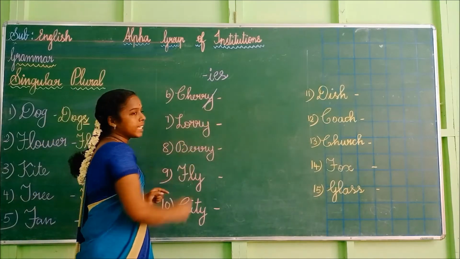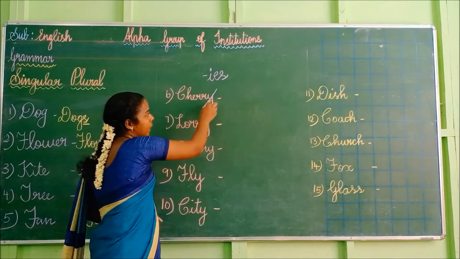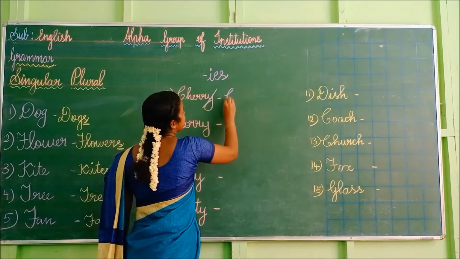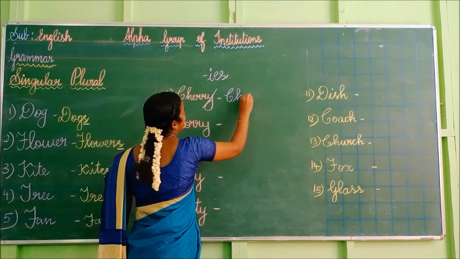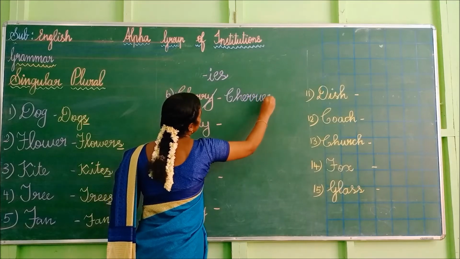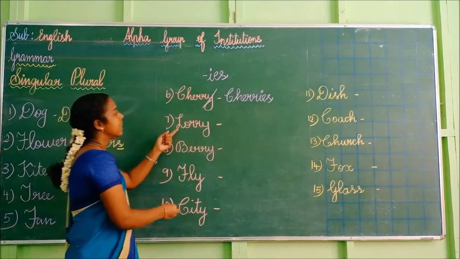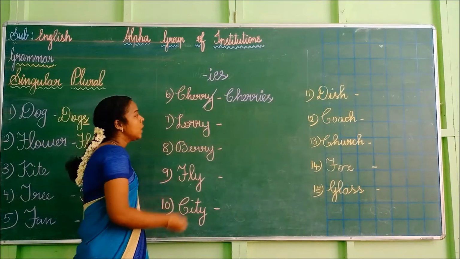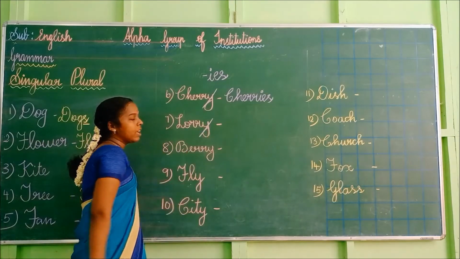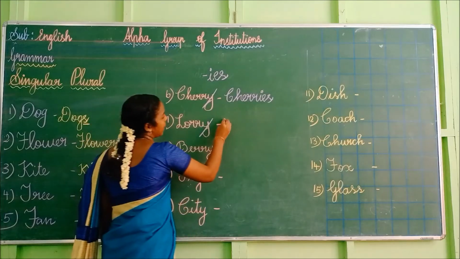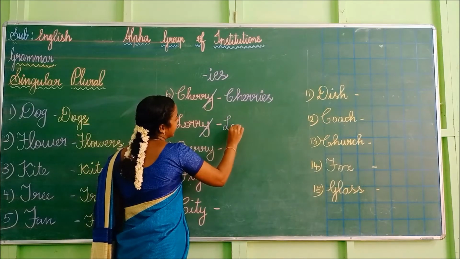So here cherry ends with the letter Y. You have to remove Y. Next, C-H-E-R-R-I-E-S. The plural form of cherry is cherries. Lorry. Here also lorry ends with the letter Y. So you have to remove Y. Then you have to add I-E-S.